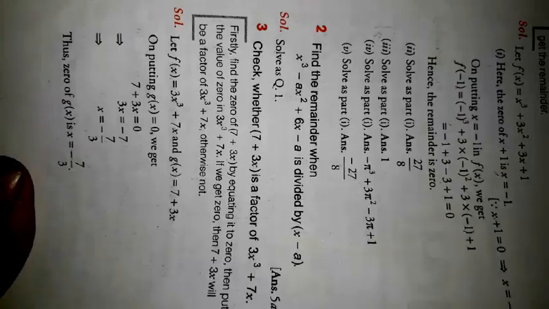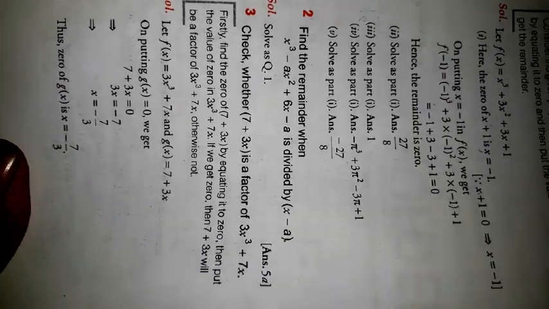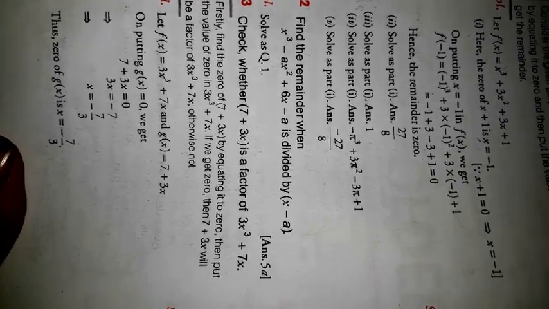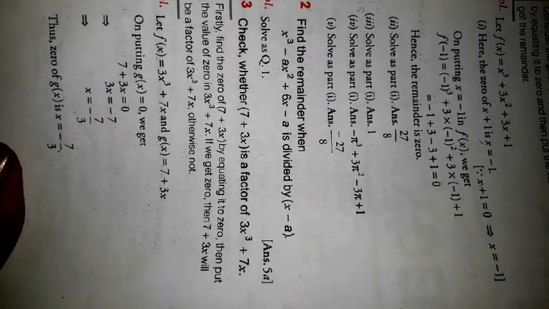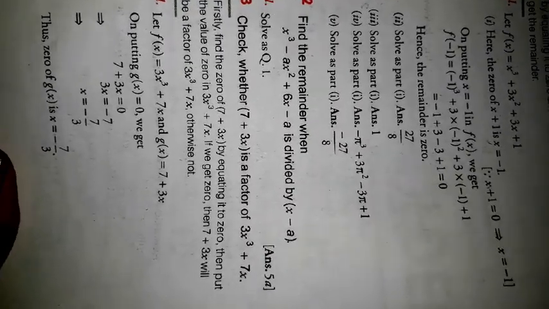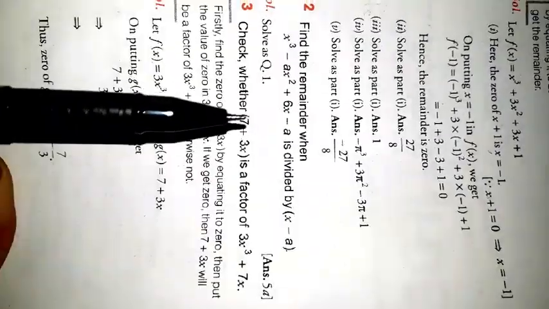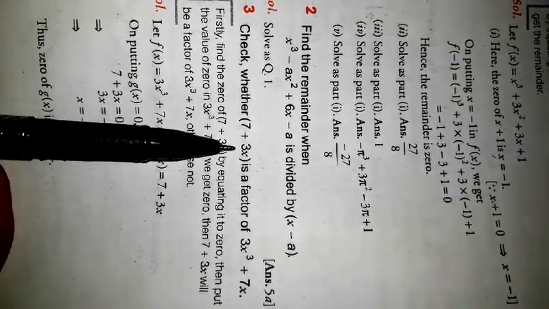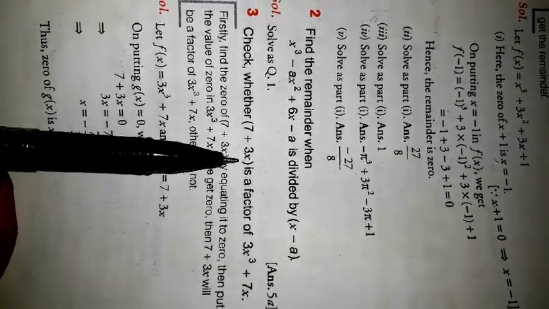Okay, in the third question it has been asked to check whether 7 plus 3x is a factor of 3x cube plus 7x. So first you have to take this 7 plus 3x equals to 0, and by using the remainder theorem you have to find the value of x.